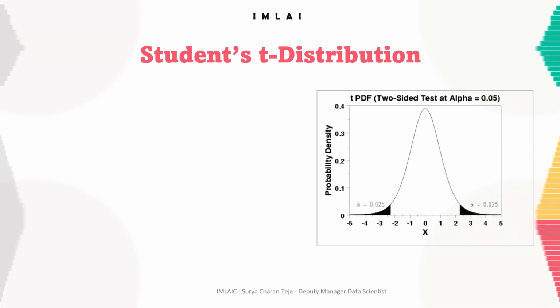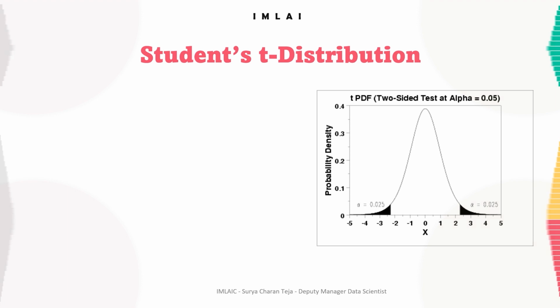The larger the sample, the more normally shaped the t distribution becomes, and this is nothing but your central limit theorem. As the sample size increases, the sampling distribution will approximate towards the normal distribution, and this is called central limit theorem. That's what we are trying to say here. The larger the sample, the more normally shaped the t distribution becomes.